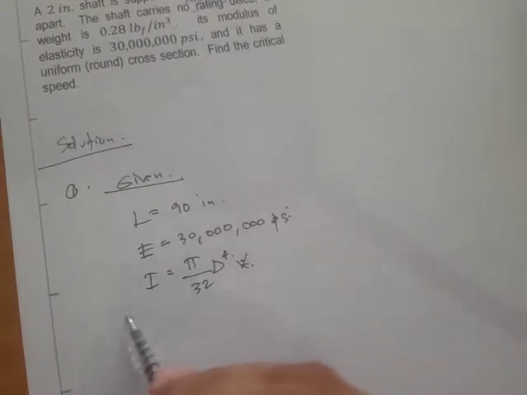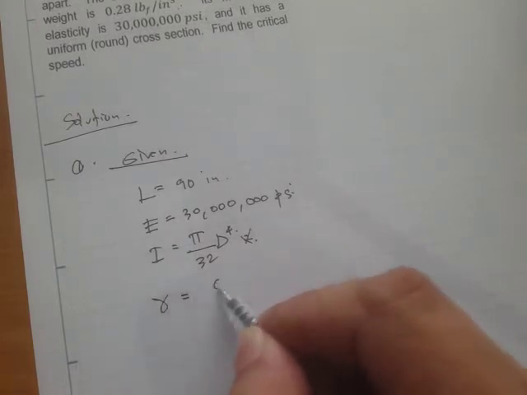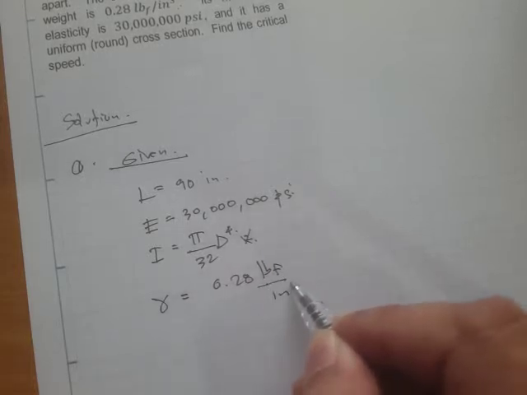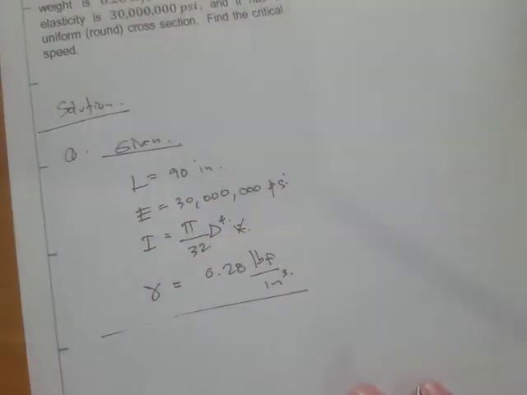So here's our equation, and the weight density is 0.28 pound-force per inch cube. That's the given data.